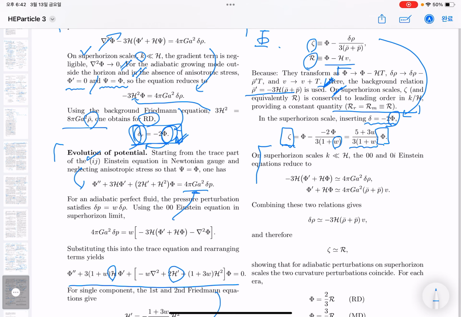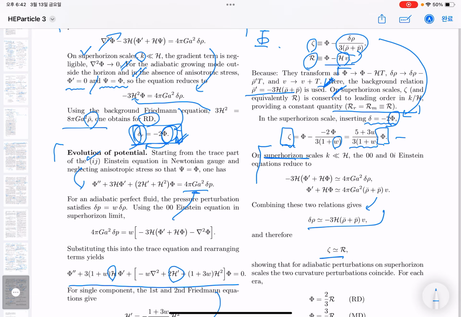And combining these two equations, just the Hubble times the velocity is the same term with the Xi. So the Xi and the curly R are the same for the superhorizon.